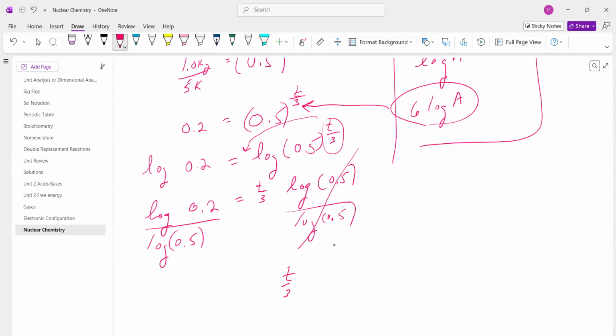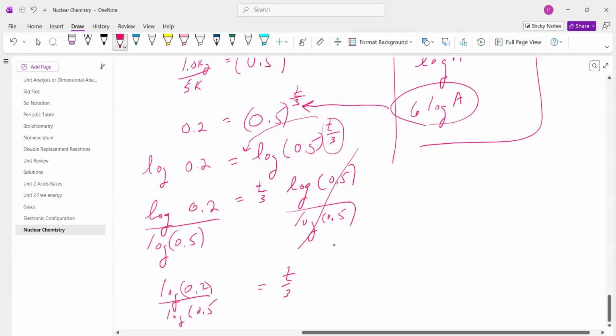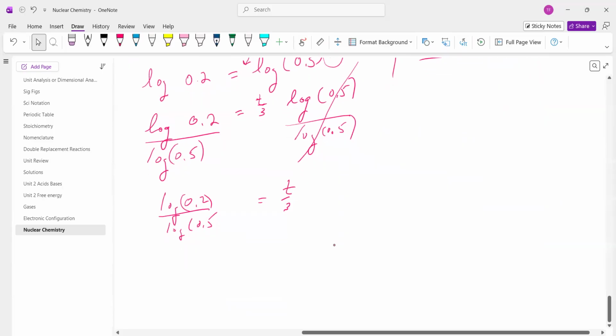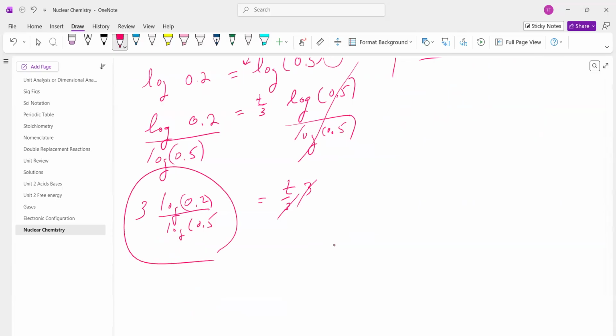Okay, so now we have t over 3 is equal to the log of 0.2 divided by the log of 0.5, all multiplied by 3, so the 3's cancel. So that's our answer. So we just throw that into our calculator.